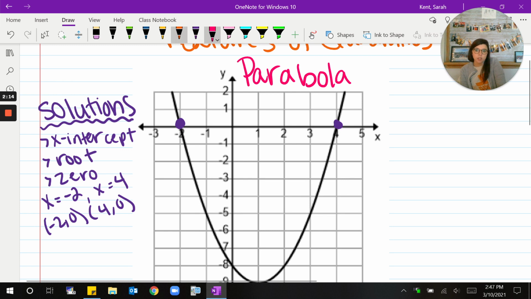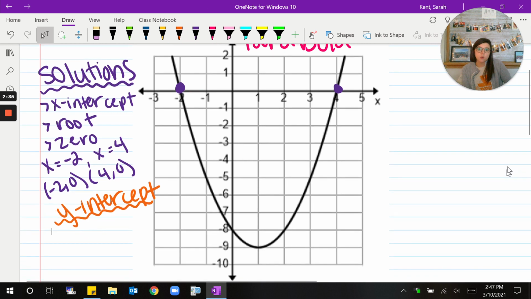The next word we're going to look at is another word we've already learned, and that is the y-intercept. So the y-intercept is where our graph crosses the y-axis.